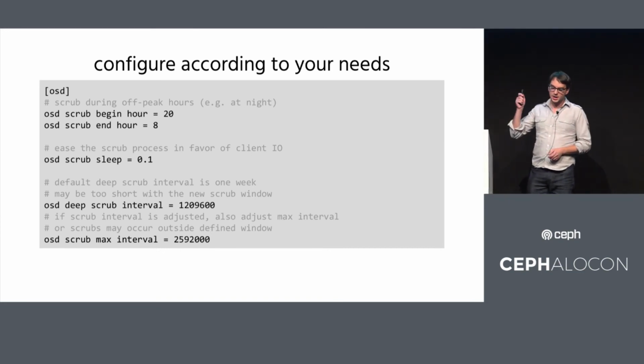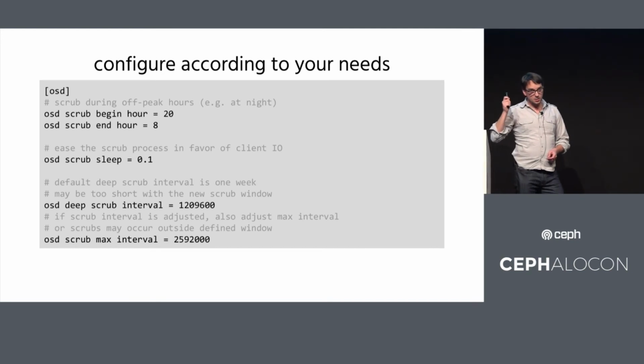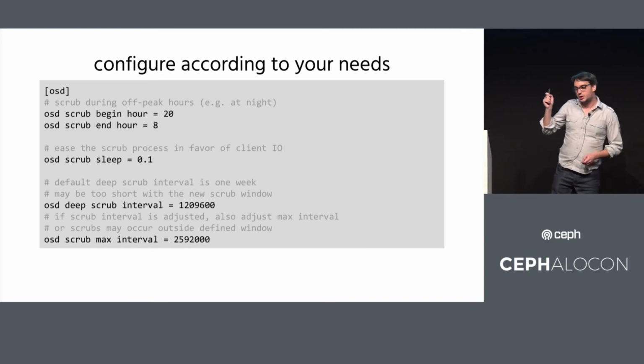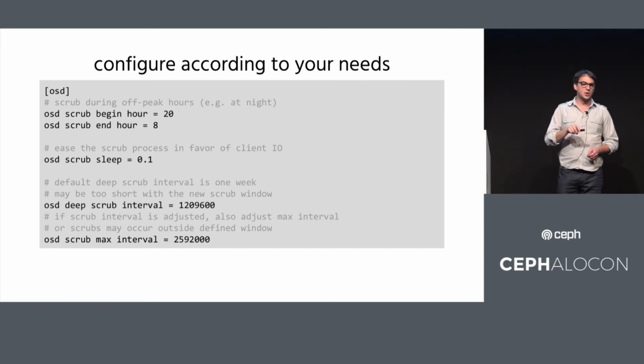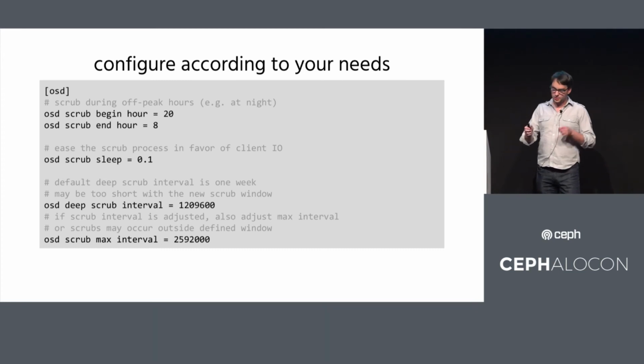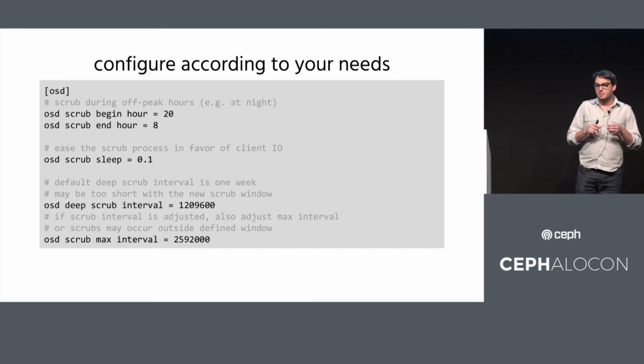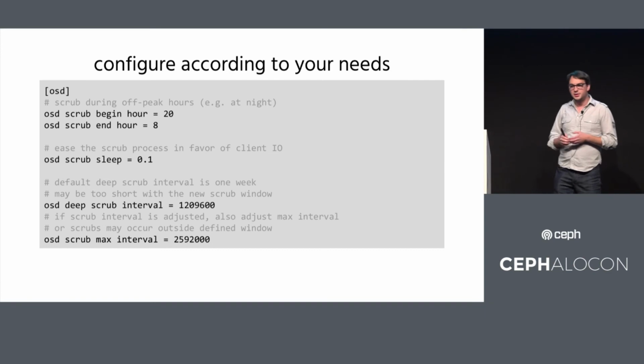If you use a scrub window, you might want to tune your scrub interval. By default, it's 1 week, so PGs are deep scrubbed every week. But if you put on a scrub window, maybe it will not be enough. So you may want to scrub them every 2 weeks, every 3 weeks, but don't put an interval like 6 months.